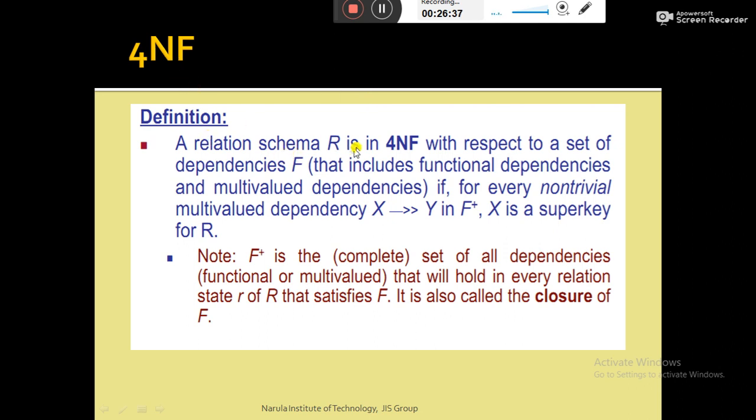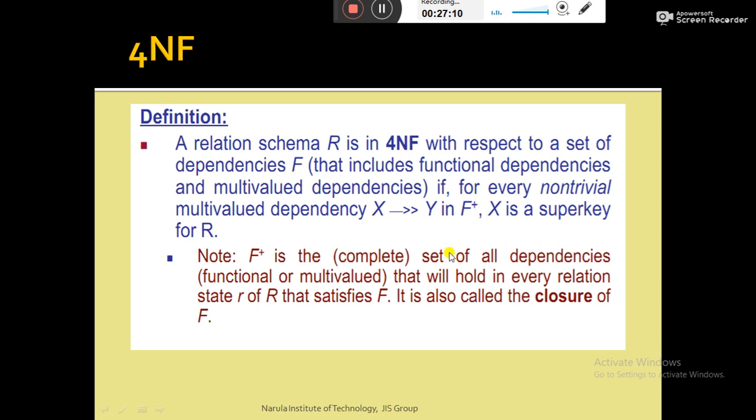Now a relation schema R is in 4NF with respect to a set of dependencies F. It may include functional dependencies and multivalued dependencies. So a relation schema R is in 4NF with respect to a set of dependencies F if for every non-trivial multivalued dependency X ↠ Y in F+, X is a superkey of R. Here F+ is actually the closure of the functional dependencies.